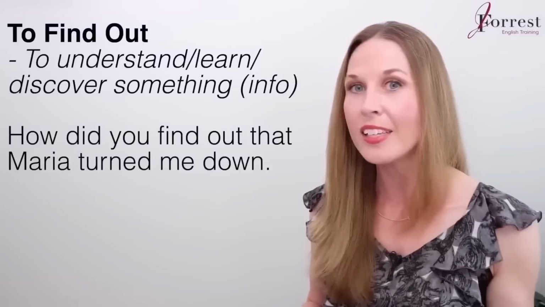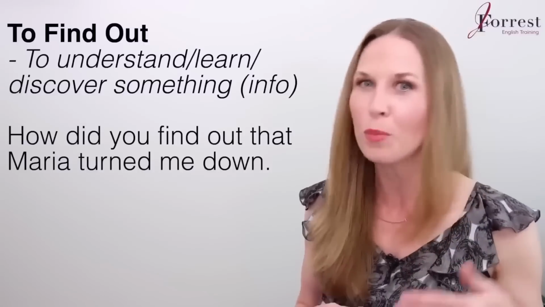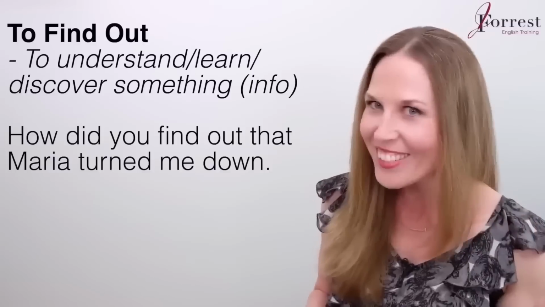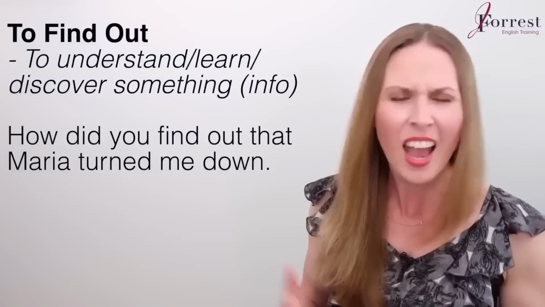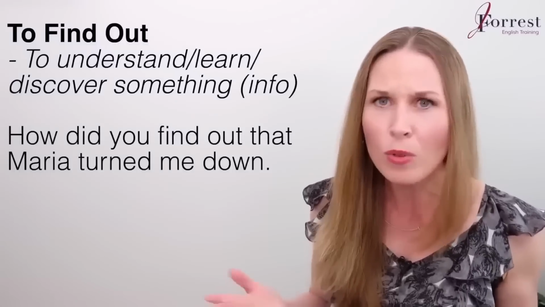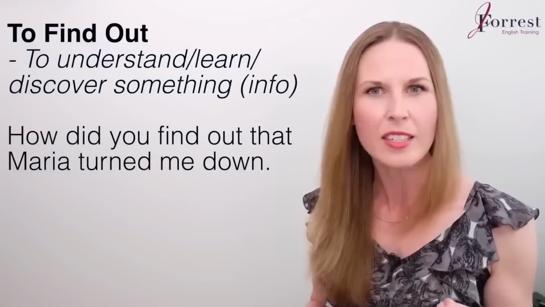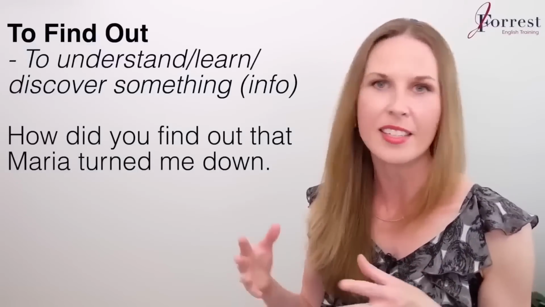But then a friend tried to cheer him up because he knew Maria turned him down after he asked her out. Notice all our phrasal verbs. So Jim could say, how did you find out that Maria turned me down? So how did you discover this? How did you learn this? How did you find this out?